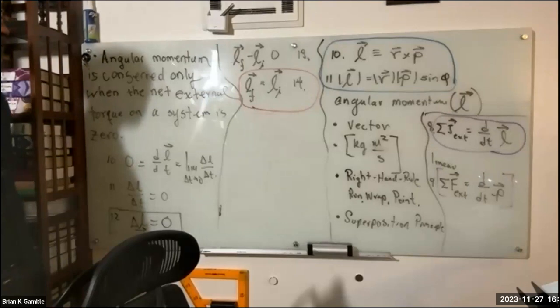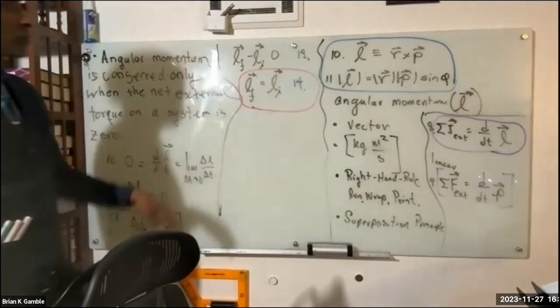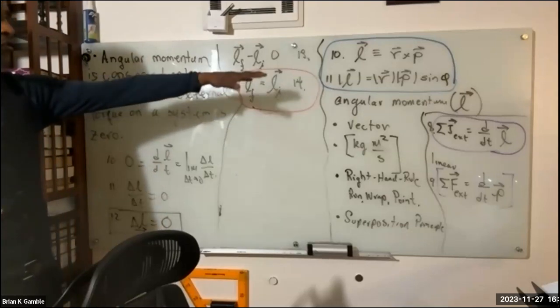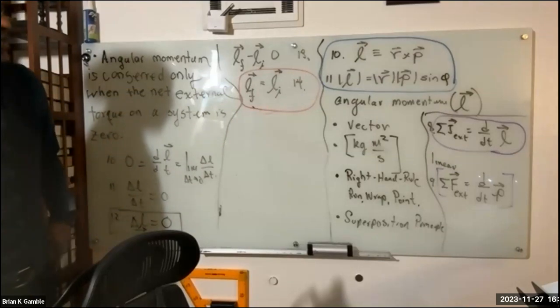Now, I promised you I'd give you another equation for L, which is really nice. You can use the other one too, but this is what we like to use, and it's a simple one.